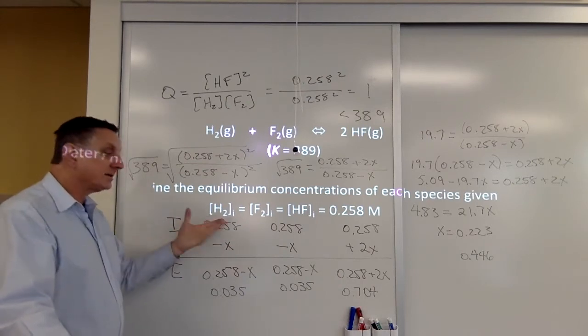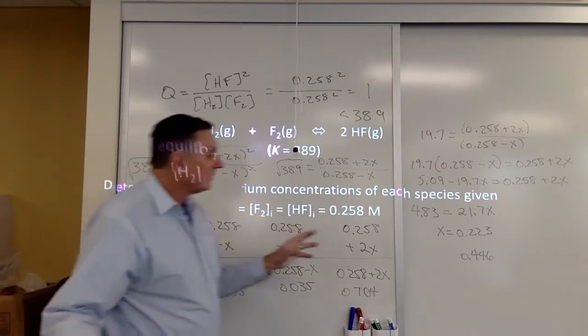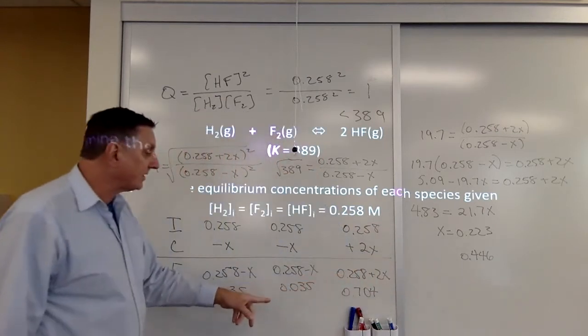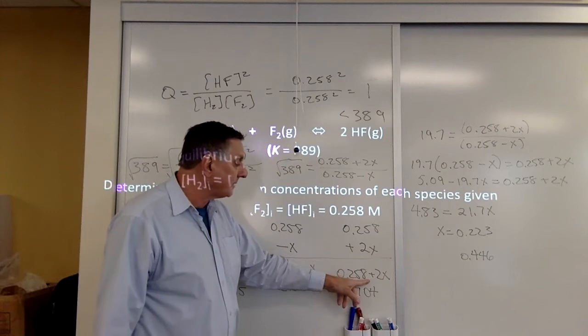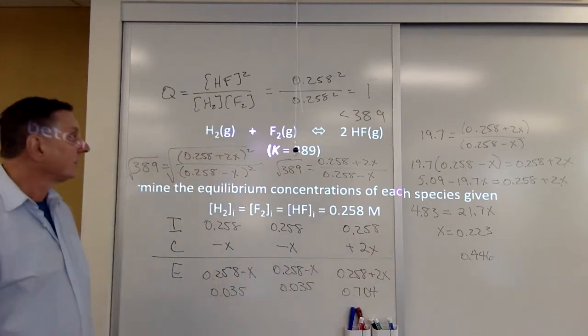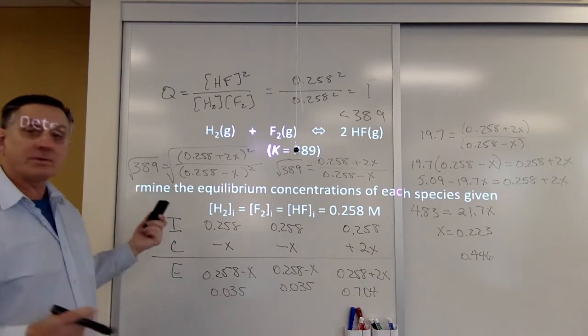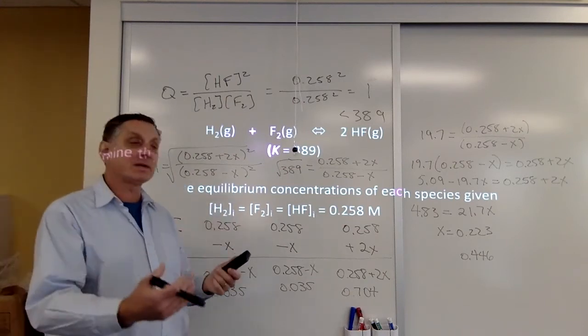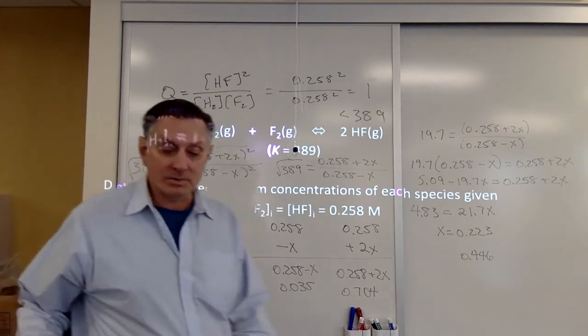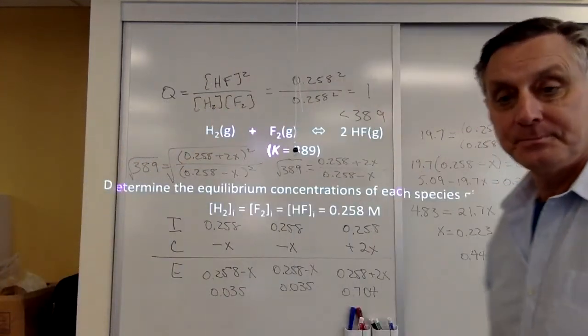If we had the signs reversed, then x would be a negative value, and then this would be minus a negative, it would end up plus. So you would end up working it out the same way. But it is important to recognize how Q compares to K and which way this is going to shift if it's not in equilibrium. And that's how we use Q.